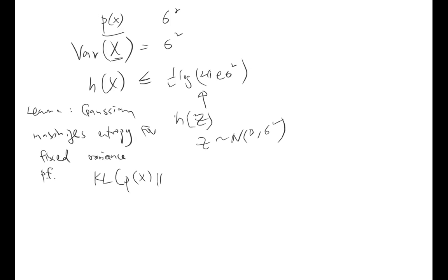How do I write that? Let me write normal, with mean mu, maybe, it doesn't matter, zero mean and variance sigma square, of x.